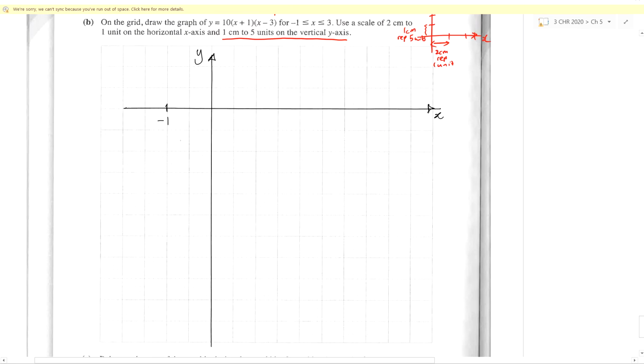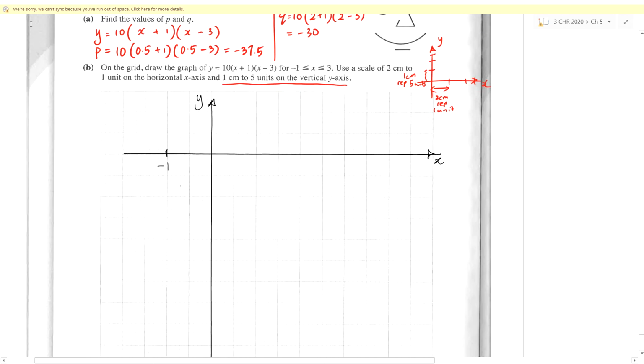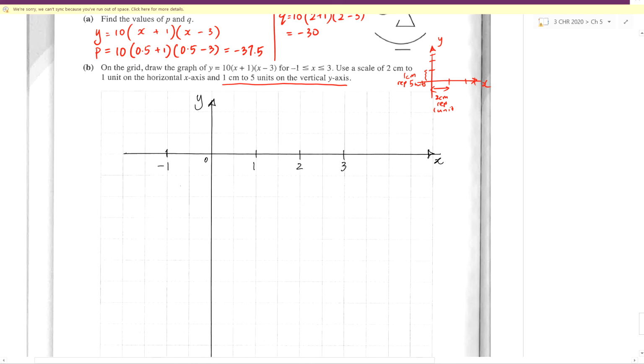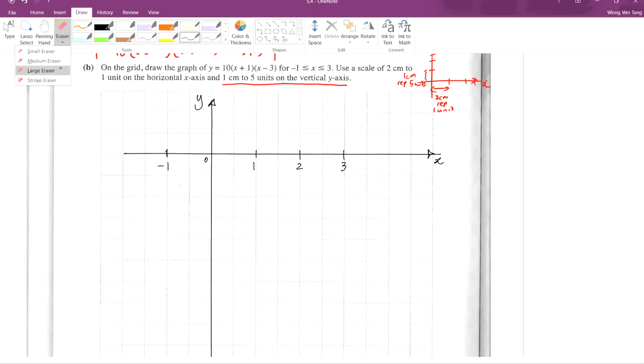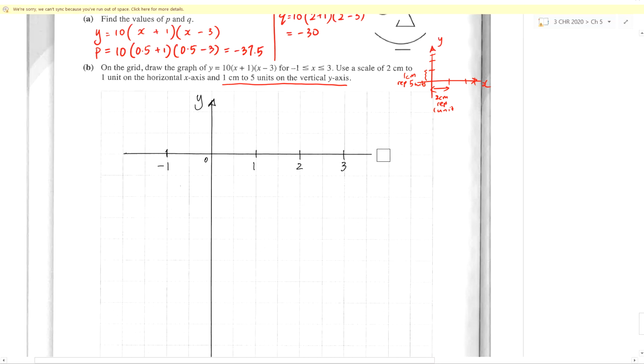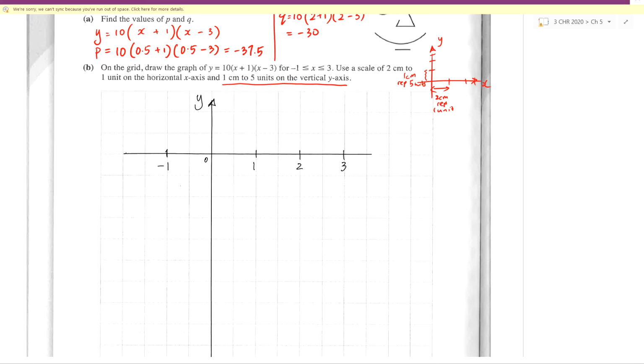So here I've just drawn my x and y axis, and I have to follow the scale carefully. 2 cm represents 1 unit on the horizontal x-axis. So 2 cm to 1 unit, another 2 cm. They only want us to draw from negative 1 to 3. So anything that is excess can be removed. So I don't need that part.